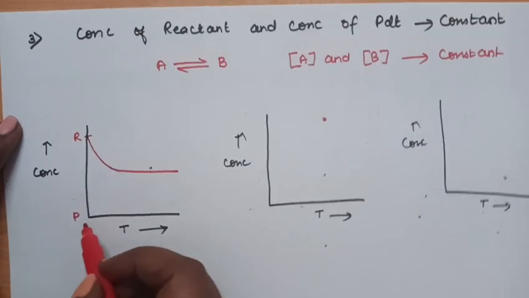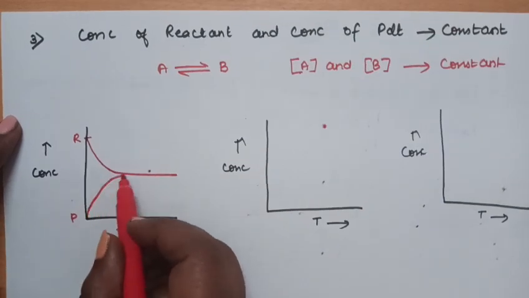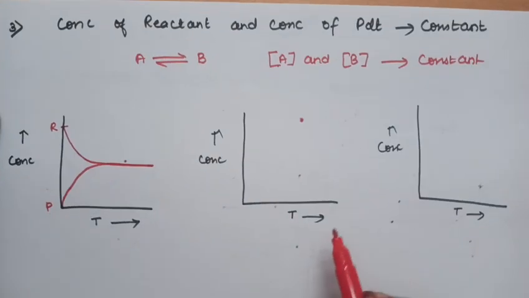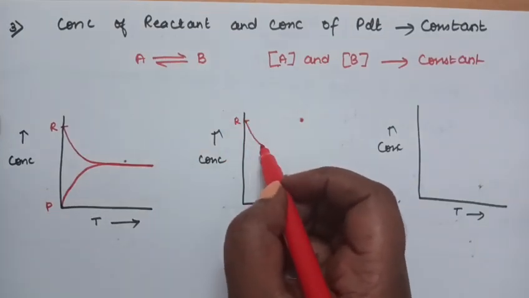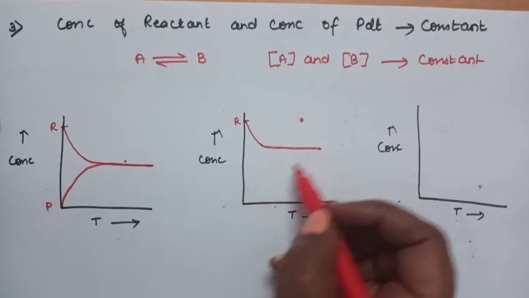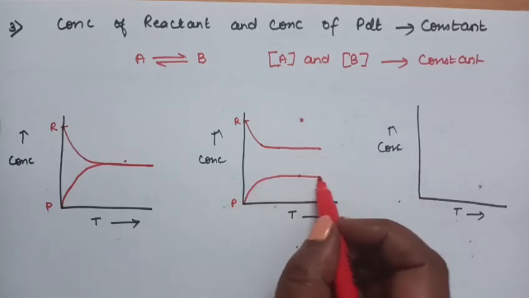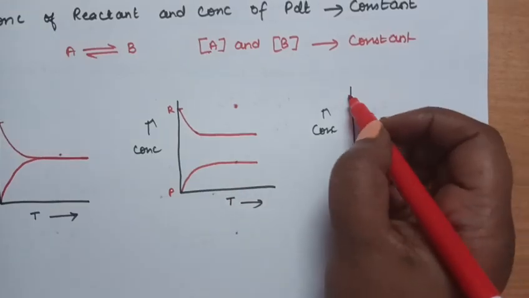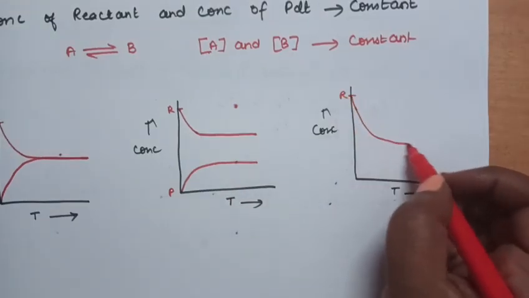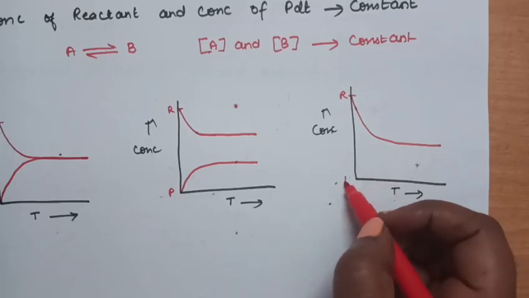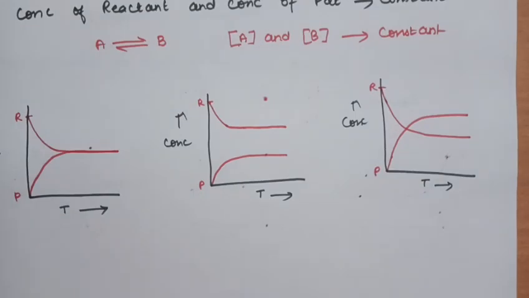And for the product, it will increase and then become constant. Another graph, the reactant will decrease and become constant, and the product is increasing and then becomes constant. In the third graph, the reactant decreases and then becomes constant, and the product increases and then becomes constant.